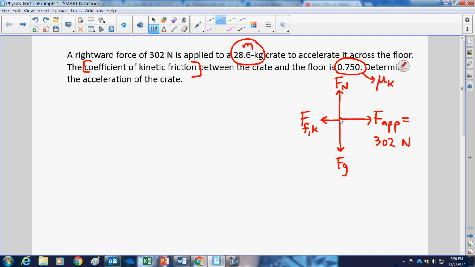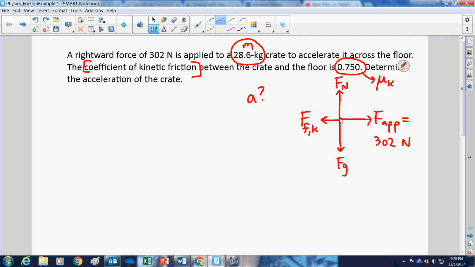Okay, so we are trying to find acceleration, and this is going to be one of our longest problems. It's definitely multiple steps. So let's kind of plan out how we're going to get acceleration. In order to get acceleration, I would use Newton's second law, which means I need to know the mass and the net force. And I know the mass, but I don't know the net force because some of these forces, like I don't know what force of friction is yet.